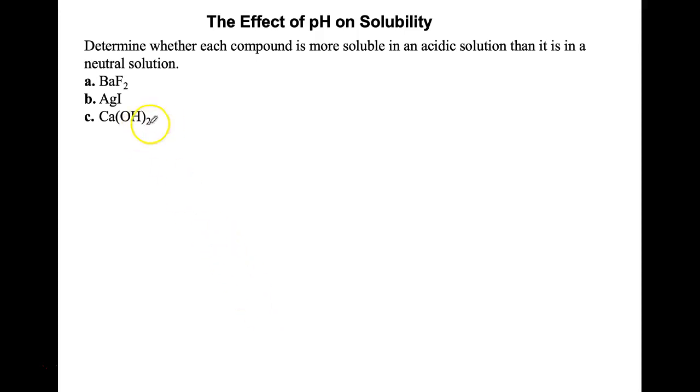And when we look at these formulas, if you recall, the anion from each formula is what could be a base. If the anion is from a weak acid, then it will be a strong base, and then it should be more soluble in an acid solution. If the anion is from a strong acid, it'll be a very weak base, and it won't be affected by the acid. So let's see what the solutions are.